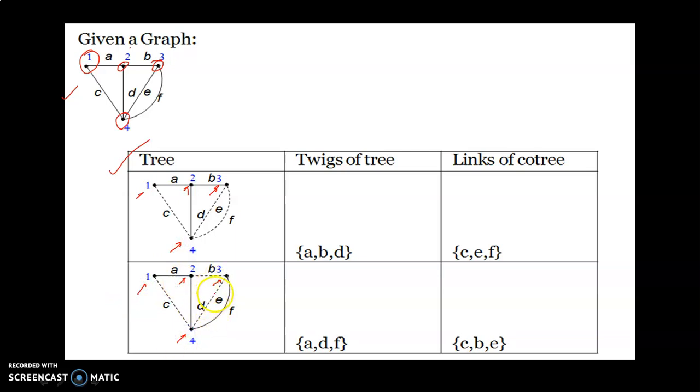It should not have a closed path. Look at this: the dotted lines are different, and the bold line is a tree. Note this. The first tree and the second tree are like this.